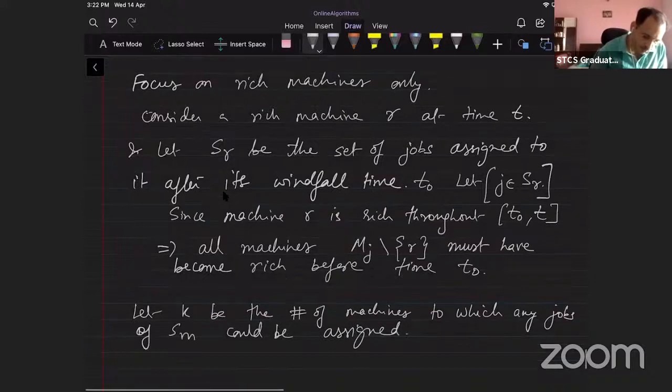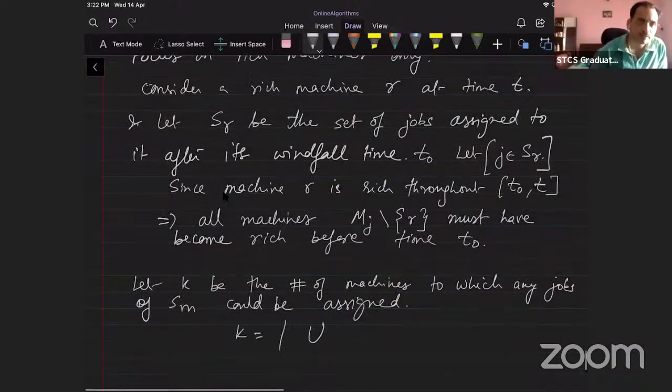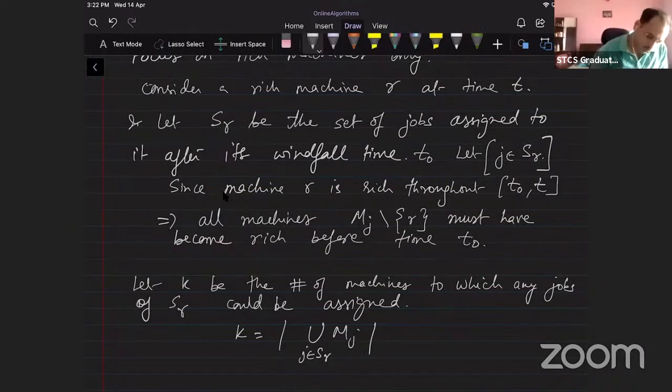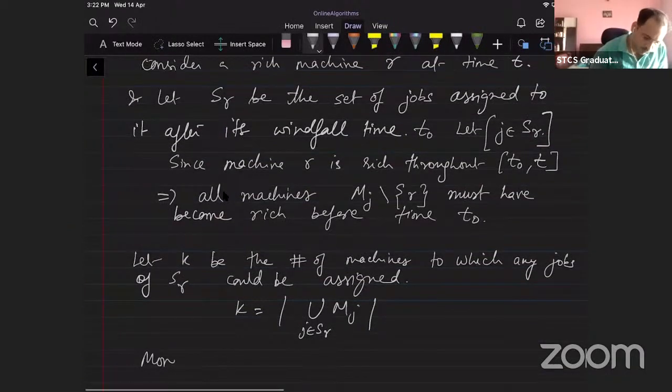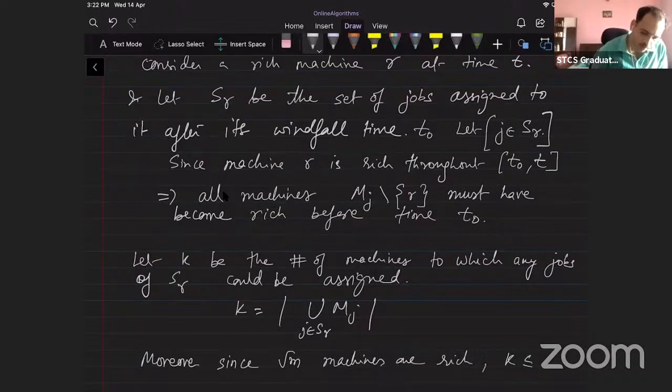Essentially, K is the cardinality of MJ, J belongs to SR. Moreover, since at most square root M machines are rich, claim that K is less than or equal to square root M. Can somebody say why? Why is K less than or equal to square root M?